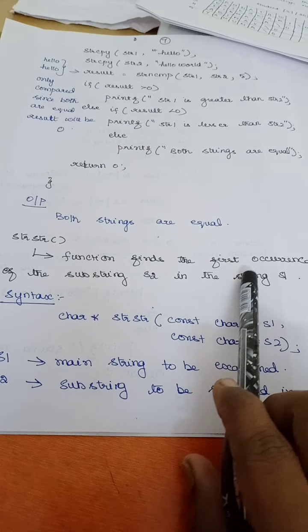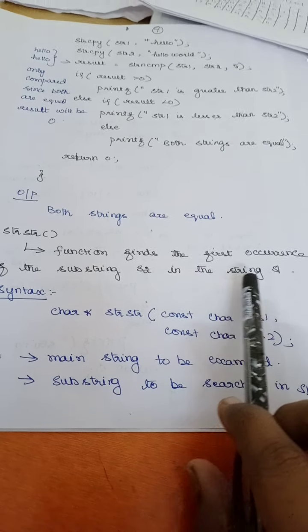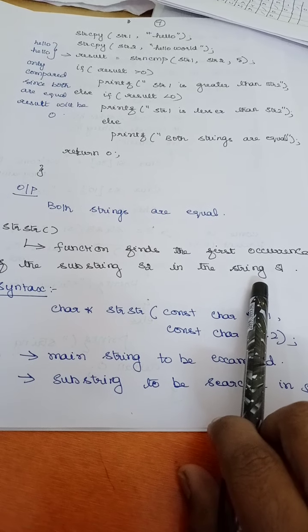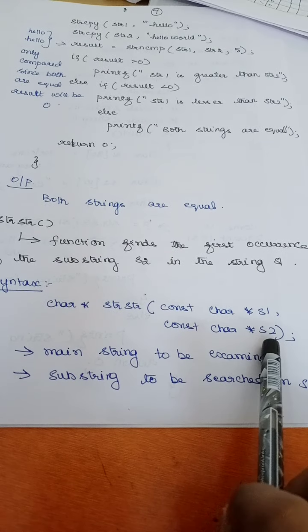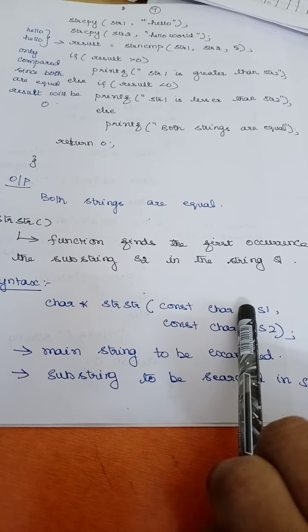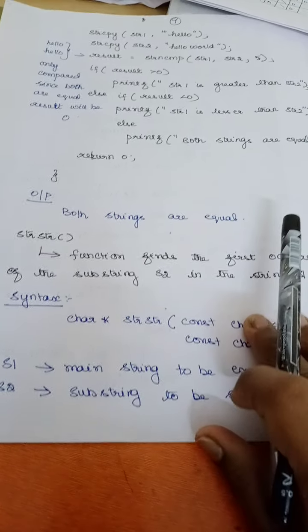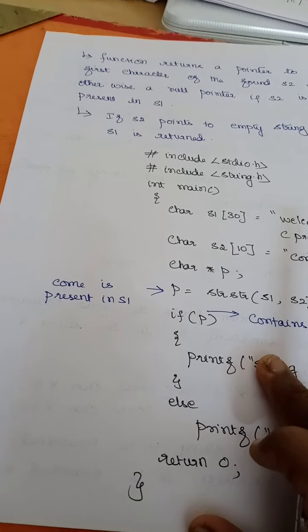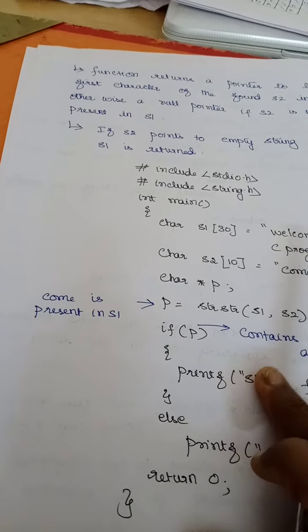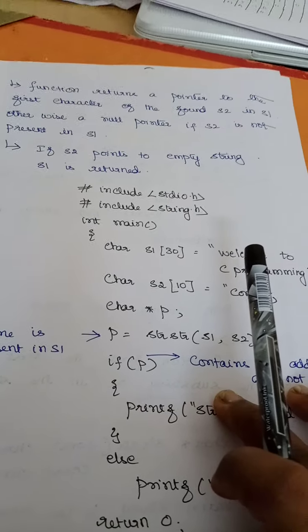It will find the first occurrence of the substring s2 in the string s1. So here I am going to find whether s2 is present in s1. s1 is the main string and s2 is the substring. It is going to give you the location where that particular string is present. It is going to return you a pointer.